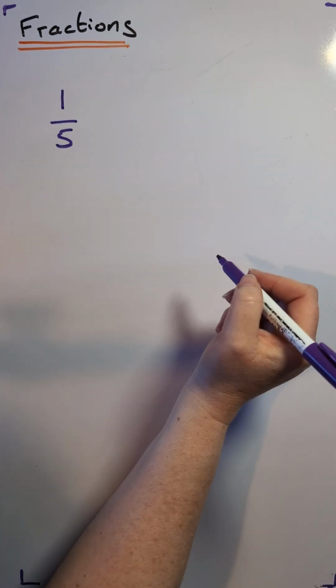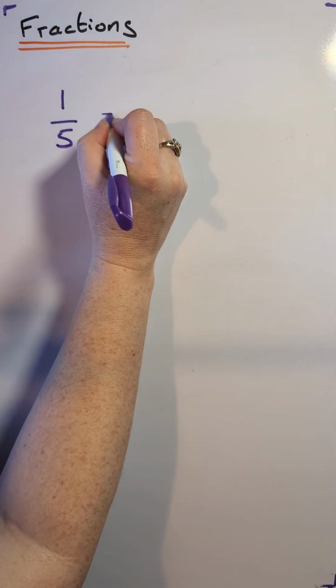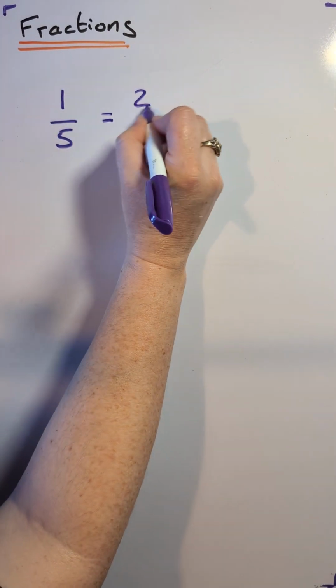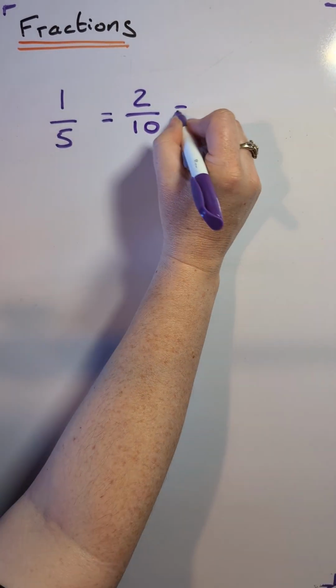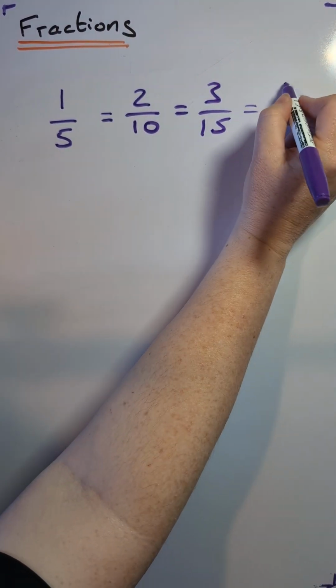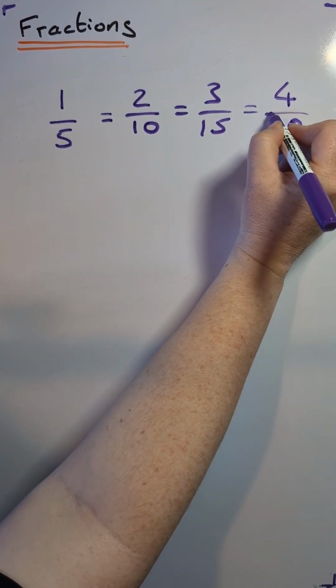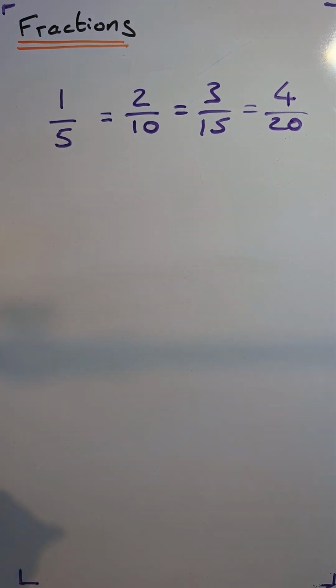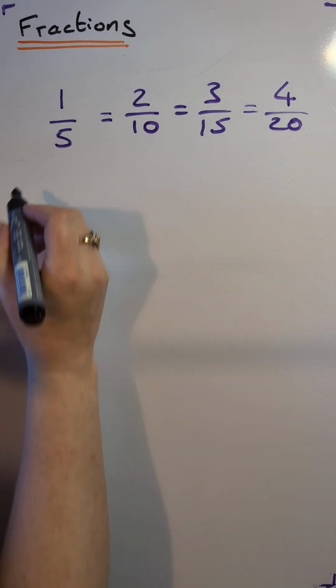If we have 1/5, we could also write that as 2/10 or 3/15 or 4/20. I'm going to display this, and this is where I regret not having graph paper.